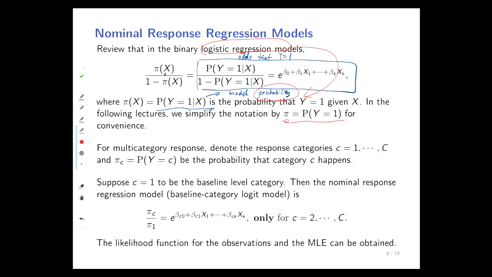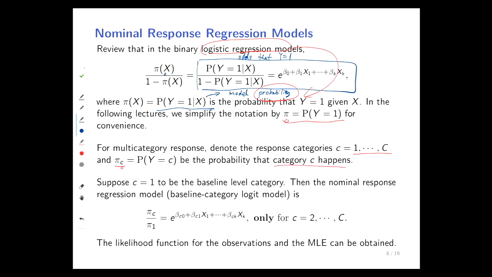For the multi-category response case, we are also interested in modeling the probability. Let's consider that we have categories from 1 to capital C, and the probability of each category can be represented by pi c. So pi c is the probability that category C happens. For instance, it can be the probability that you buy a yellow car.